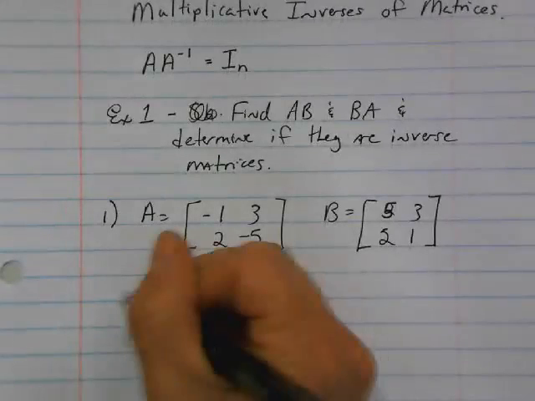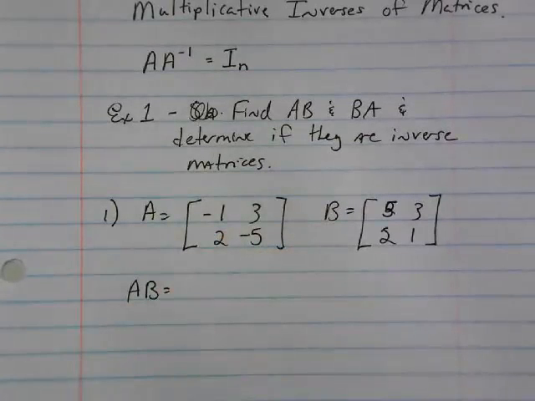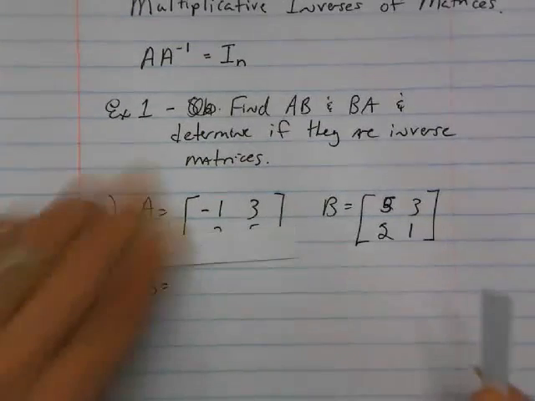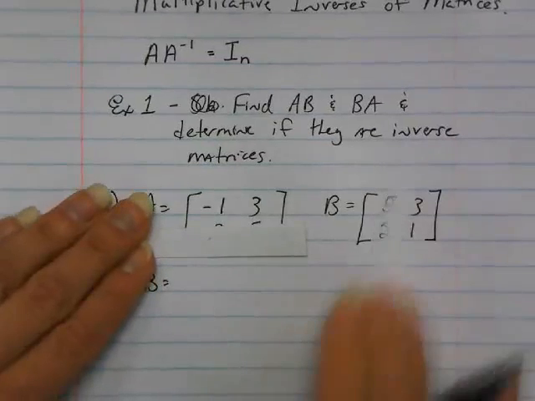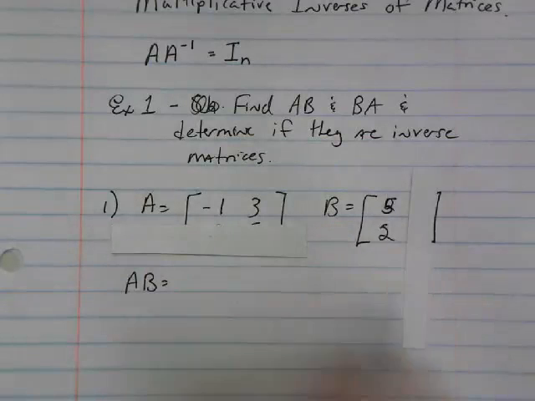Alright, so the first thing you do is multiply A times B. Remember, the other day we used our little cards. If you still have them and you want to use them, we're going to do row 1 by column 1.